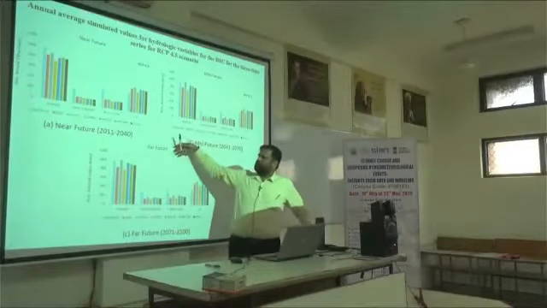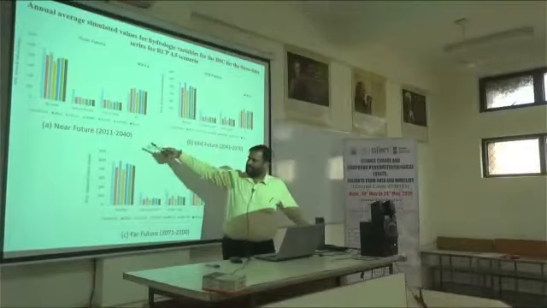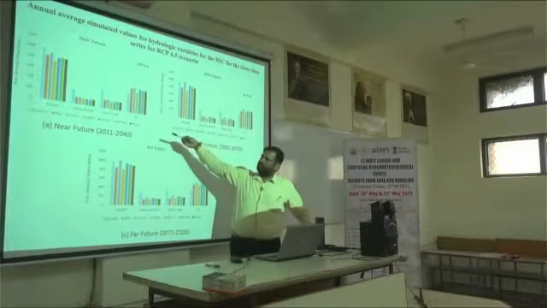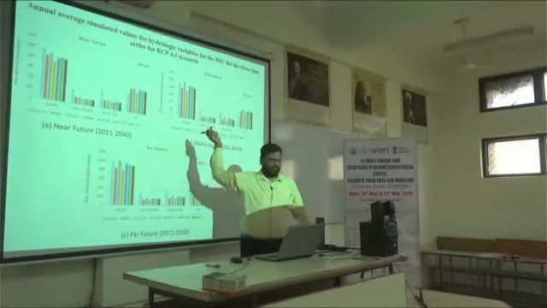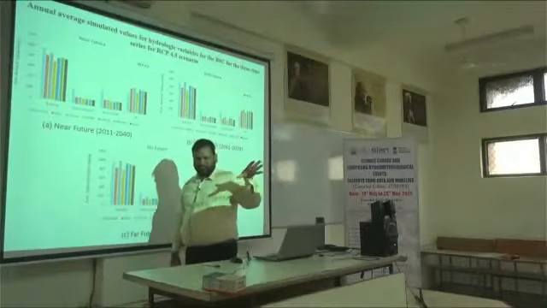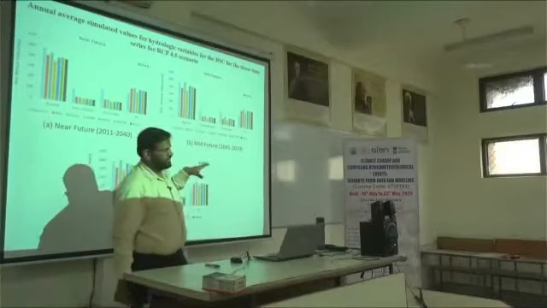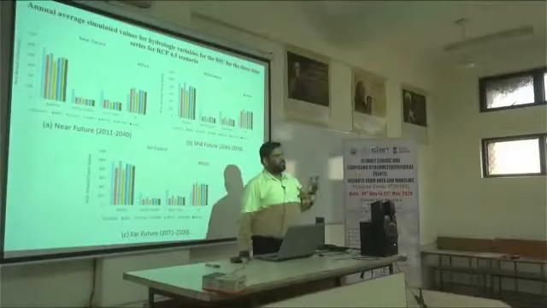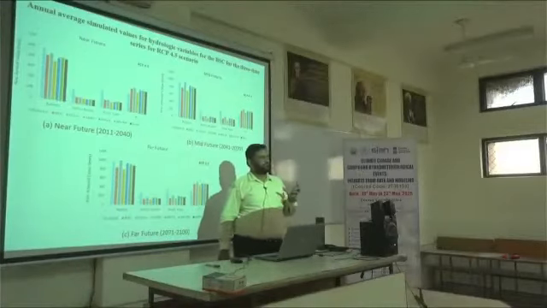Like that, we have divided the entire data sets into near future, mid future, and far future. So we have computed all this rainfall, surface runoff, water yield, ET. Once you are using 3-4 types of GCM models, then for reaching a particular conclusion, you require some kind of averaging technique.